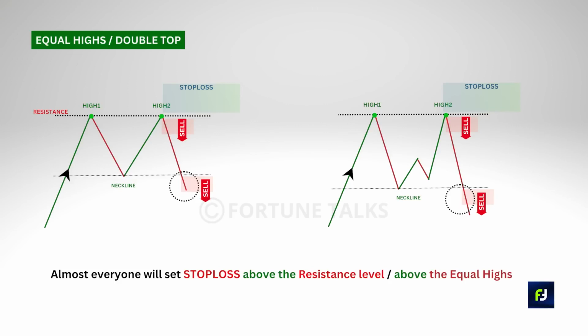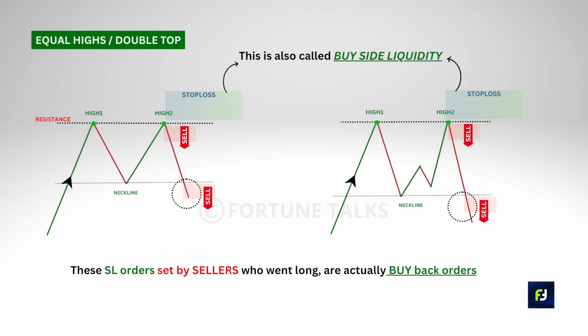Now you can imagine that there will be a large cluster of stop losses lying above this resistance, and almost all these stop losses are placed by short sellers who sold from the resistance or neckline. So technically, this cluster of stop losses are buyback orders or buy side liquidity, and this is the liquidity that smart money is keen to tap into.